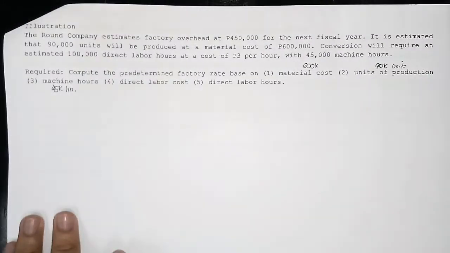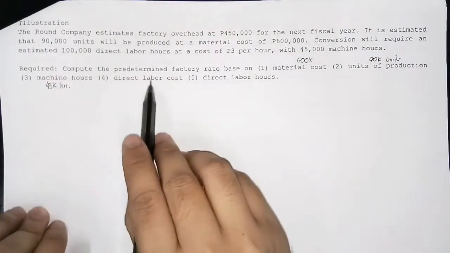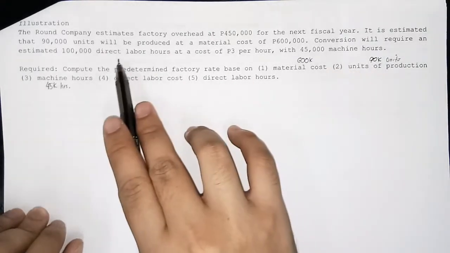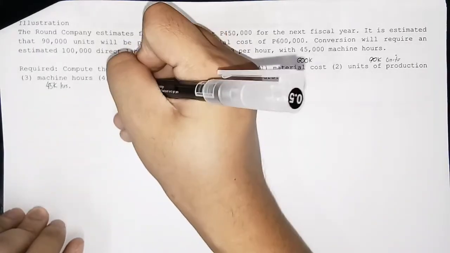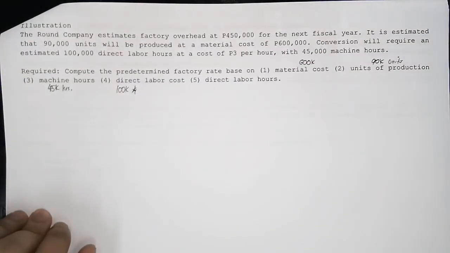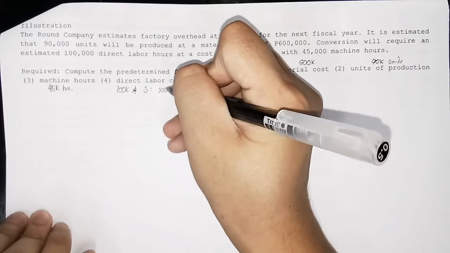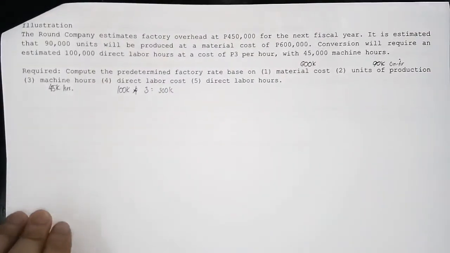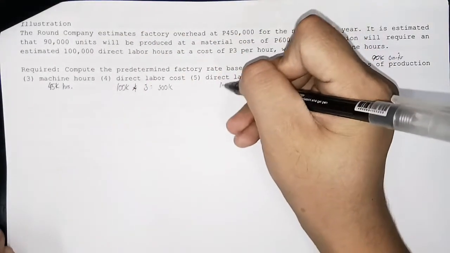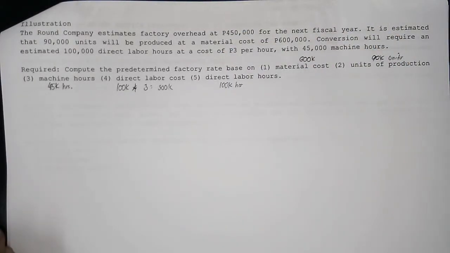So, kinukuha natin yung mga basis natin mamaya sa pag-compute ng predetermined factory overhead rate. Direct labor cost. So, direct labor cost nito ay 100,000 direct labor hours times 3 piso per hour. That is 300,000. And number of direct labor hours, yun ay 100,000 hours.